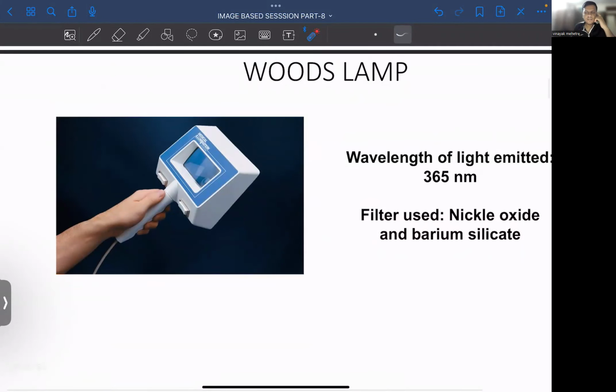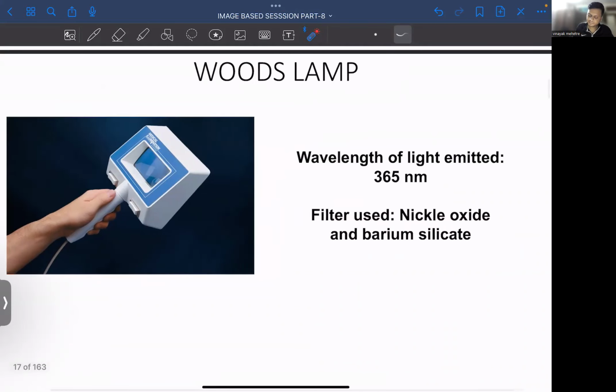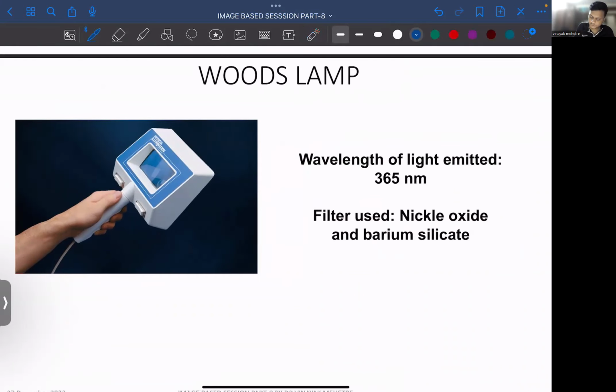Then comes Wood's lamp. What is Wood's lamp? In the dark room, we will take the patient, and by using this lamp, we will look at the lesion. If a specific color appears, that means that is the disease, right? The question is which wavelength is used?